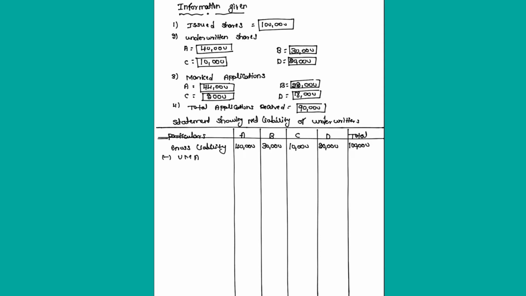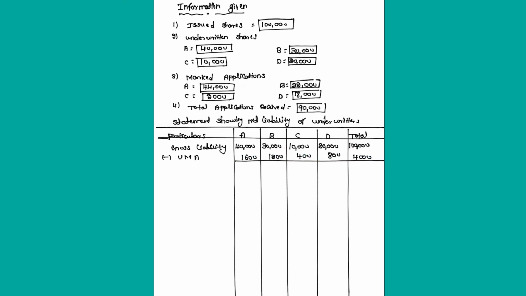So less unmarked applications. Unmarked applications is 4,000. How much for A? 1,600, 1,200, 400, 800. Take the balance.